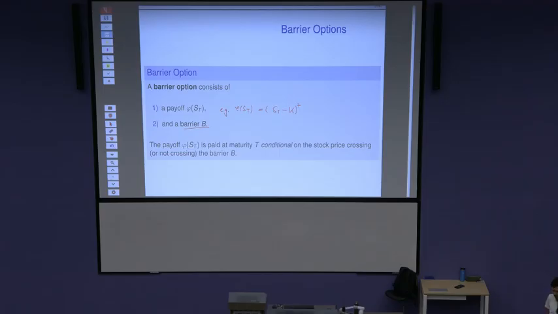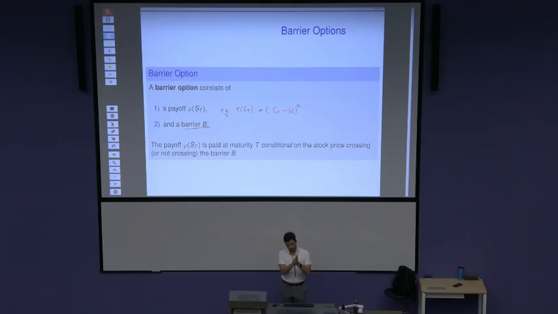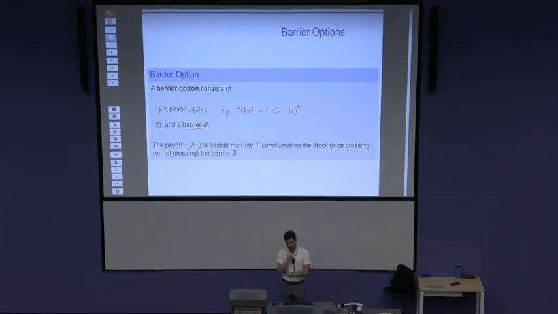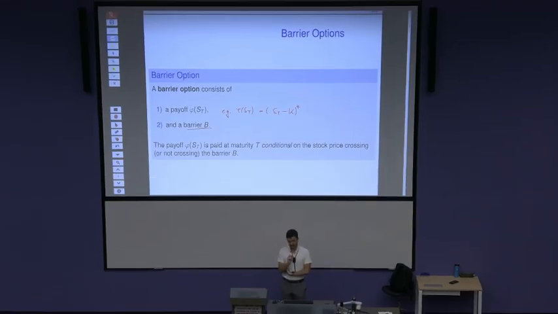So there are different conditions that can be specified. The barrier is just a number, right? Just a fixed number, and now we look at the possibility of hitting this barrier before time t. That's the thing we want to look at.